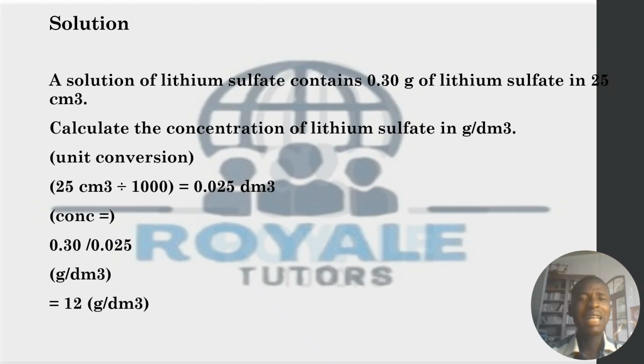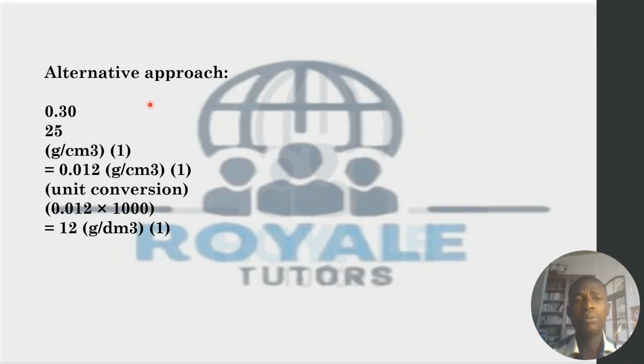At the same time, you can decide to use another approach. You have your 0.3 grams in 25 cm cube.